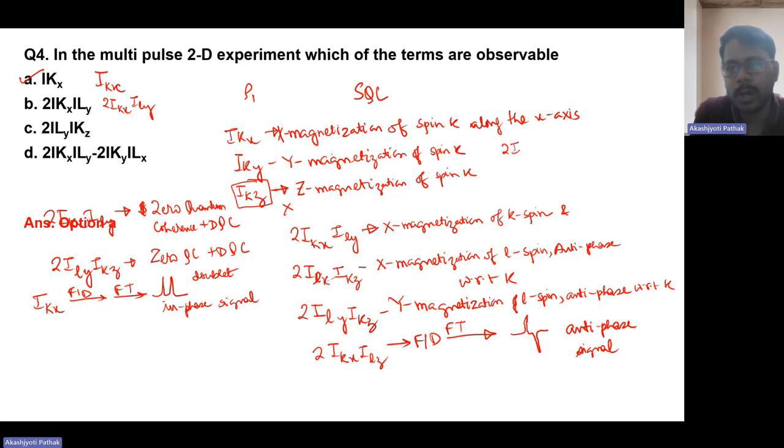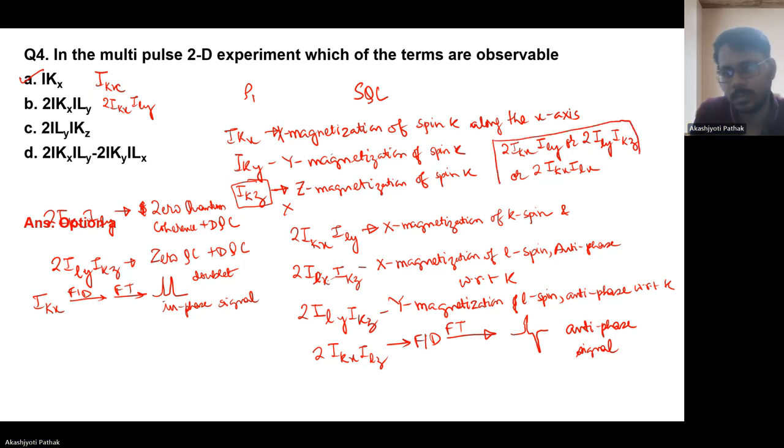So all these terms, 2I_Kx I_Ly, or it can be 2I_Ly I_Kz, or it can be 2I_Kx I_Lx. All these terms are combinations of double quantum coherences and single quantum coherences.